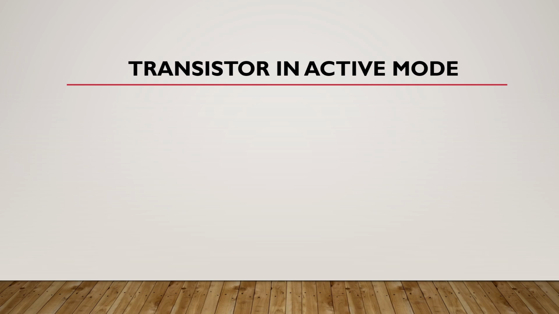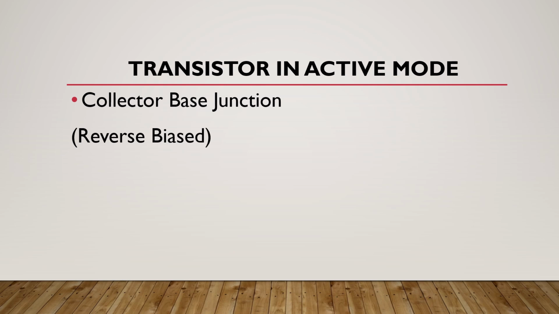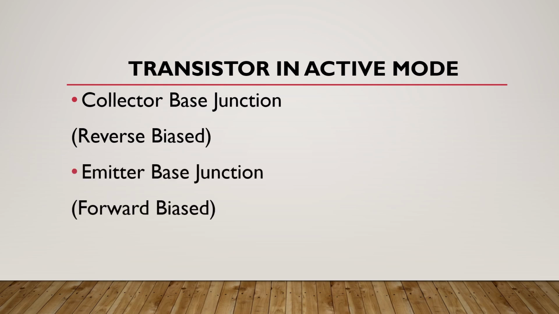When a transistor is in active mode, the collector base junction is reverse biased and the emitter base junction is forward biased. Now look at this figure.